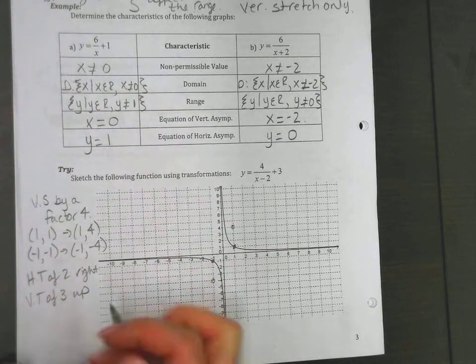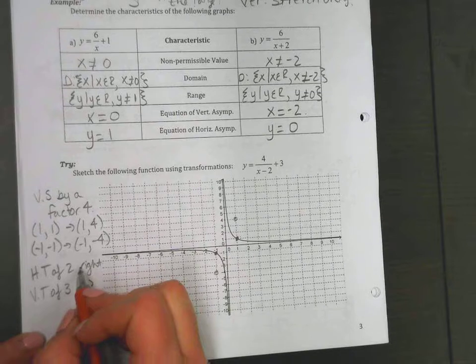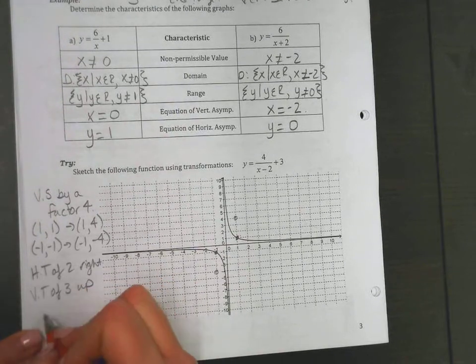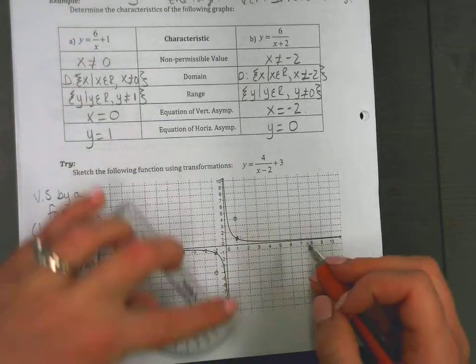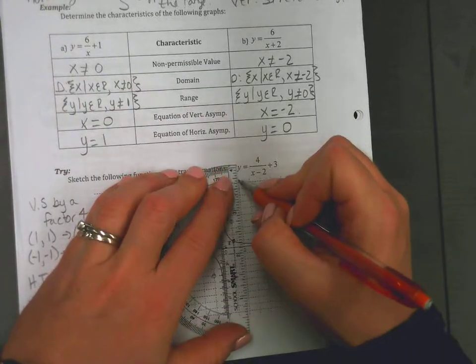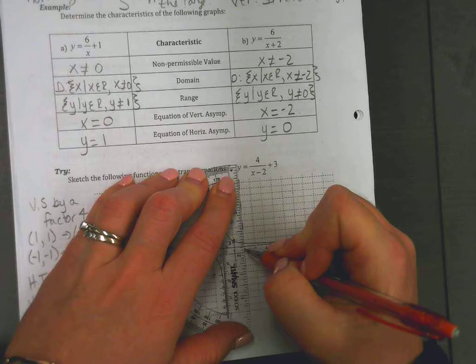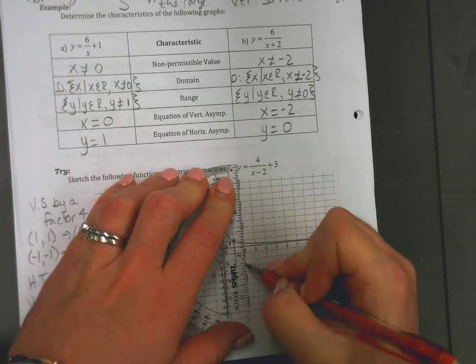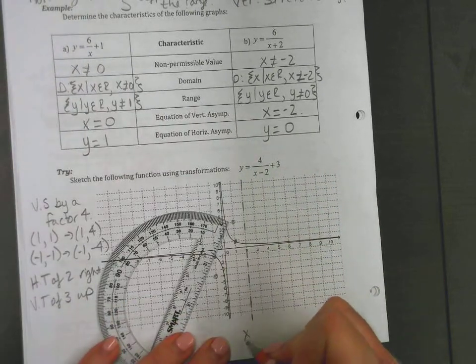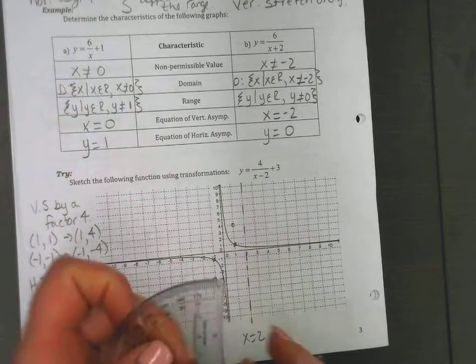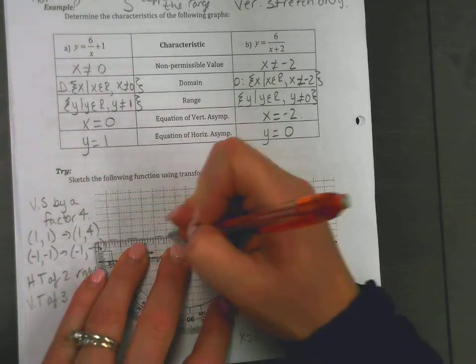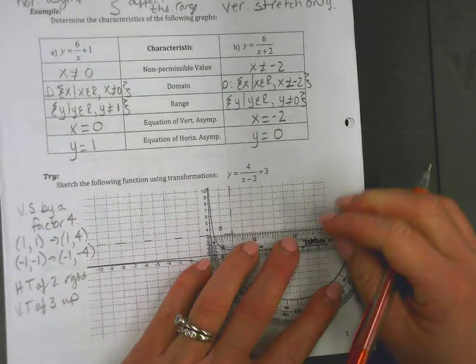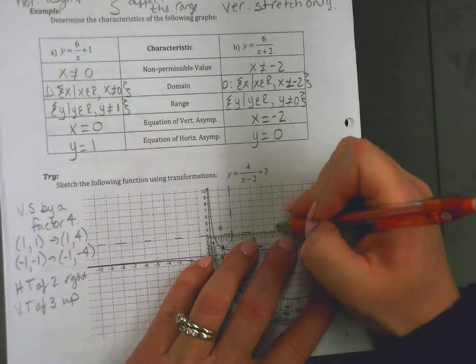So at x equals 2, I'm going to draw a vertical asymptote, label it. I'm also going to draw a horizontal asymptote at y equals 3. Label that. Remember, it's just a sketch, so as long as you're fairly accurate and you've labeled your asymptotes and get a good idea of what your new graph is going to look like, you're good to go.